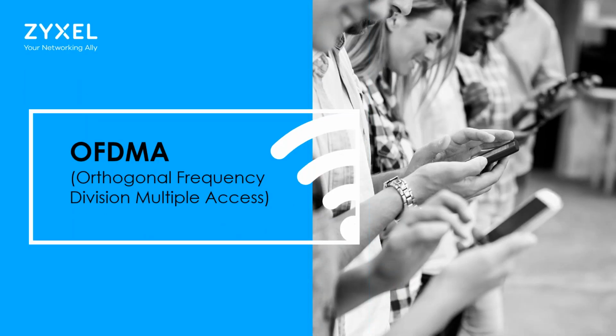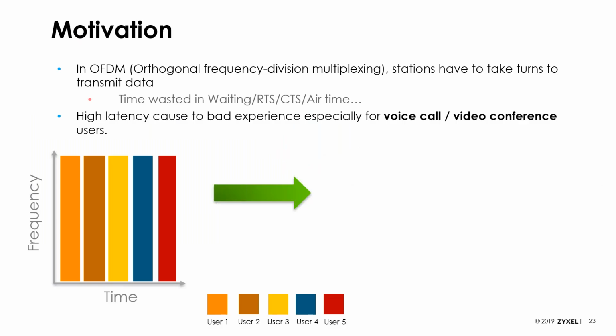Okay, the major change, or one of the biggest improvements, is OFDMA. Up until AC we have used OFDM, orthogonal frequency division multiplexing, and we are able to talk with one client at a time.